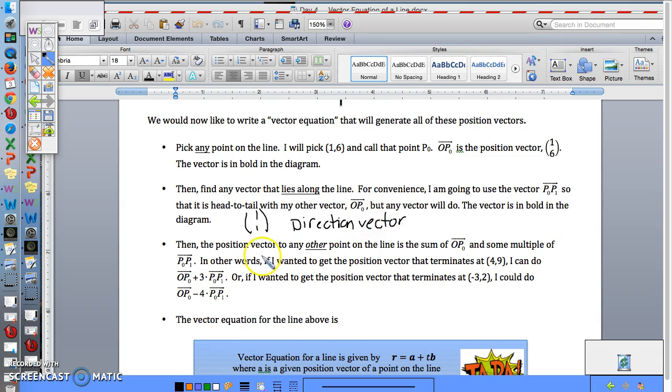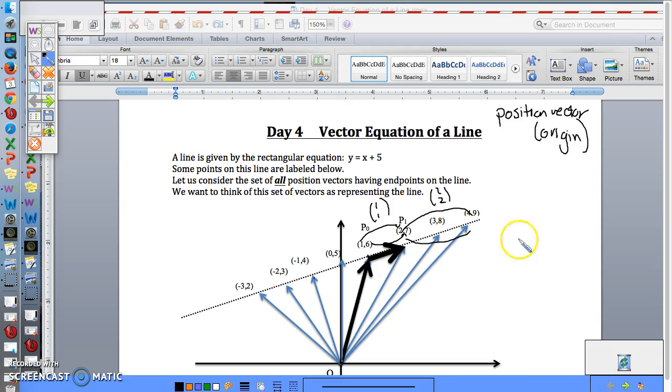Now, to get to any other of those vectors, we can take this (1, 6) vector and add this directional vector multiple times. For example, to get up to this (4, 9), we take our position vector of (1, 6) and add (1, 1) three times, and we'd have (4, 9).